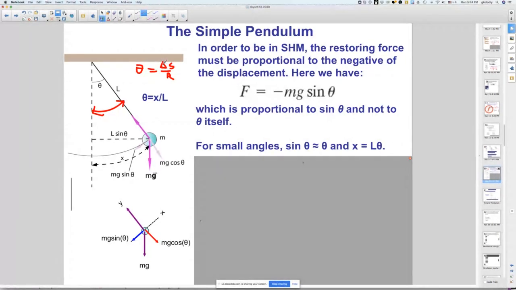L is R, and delta S is just this distance. I'm going to call it x. And this is L. So we're going to put in for theta x over L: theta equals x divided by L.